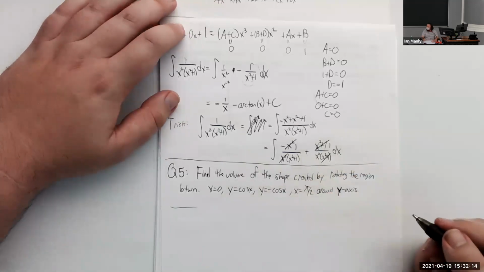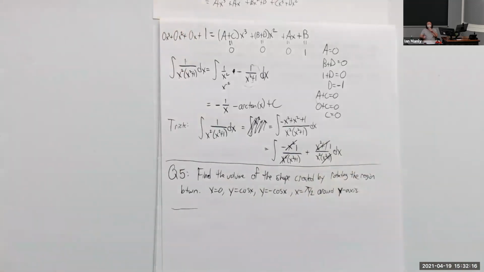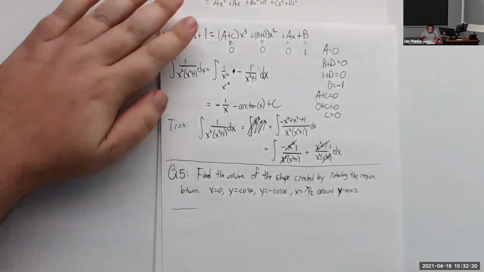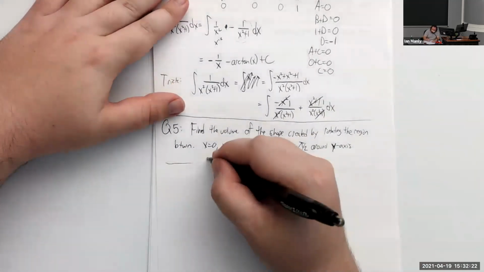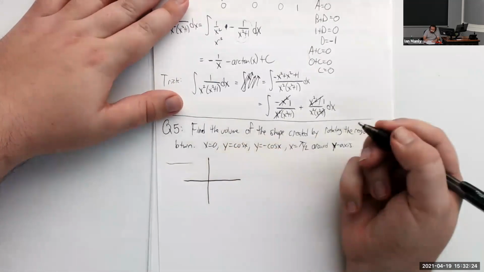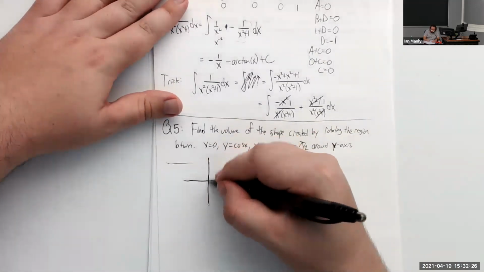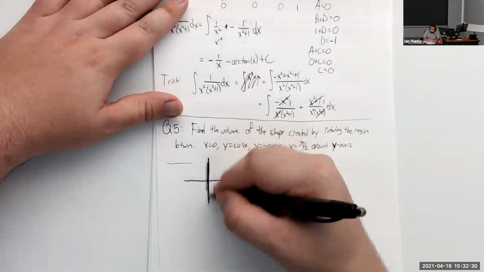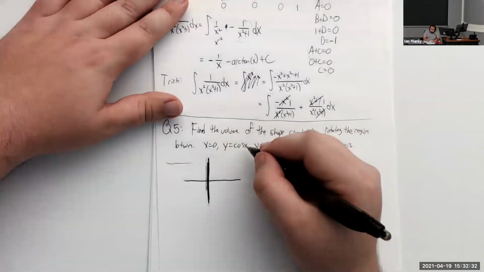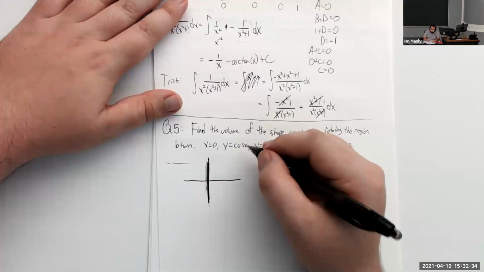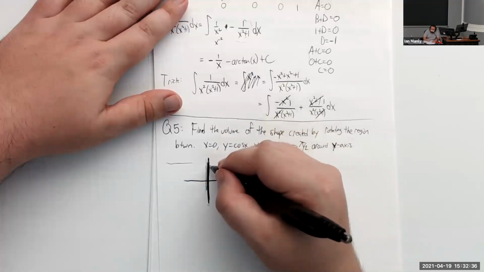Now the first thing we should do with any of these volume of revolution problems is draw the picture. It's immensely helpful. Here are my axes. I know x equals 0 is one of the boundaries. I have y equals cosine of x, which starts at the point (0, 1) and goes downwards.